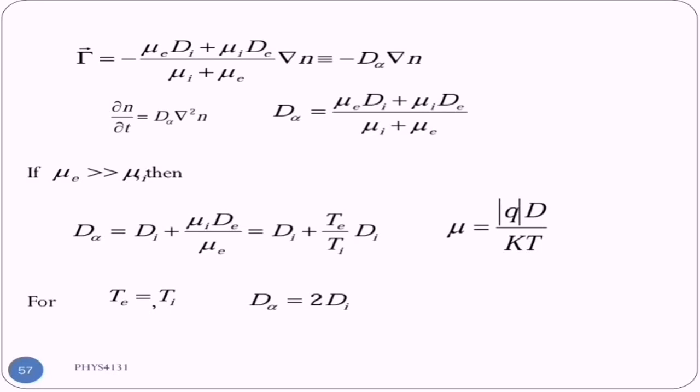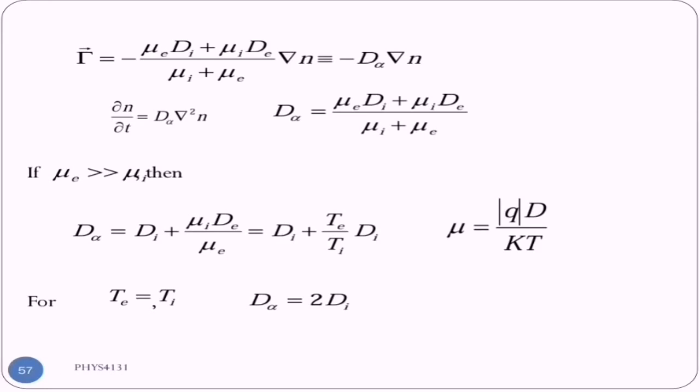Then we get d alpha is equal to di plus mu I over mu E de, which can be written as di plus te over ti di. For te equal to ti, d alpha is equal to 2 di.